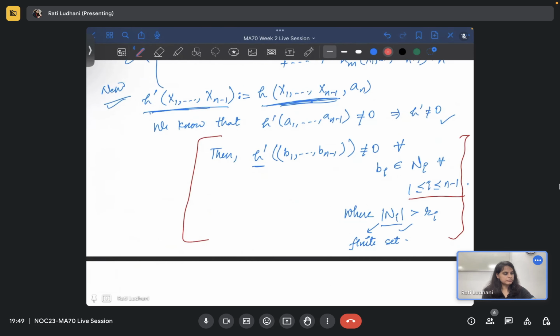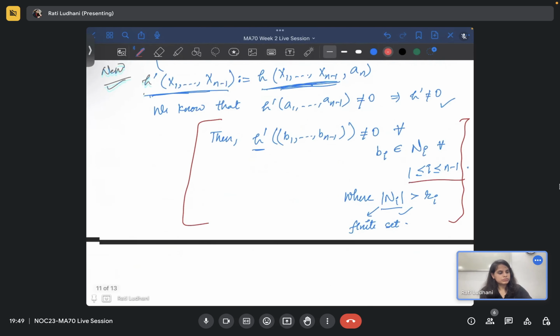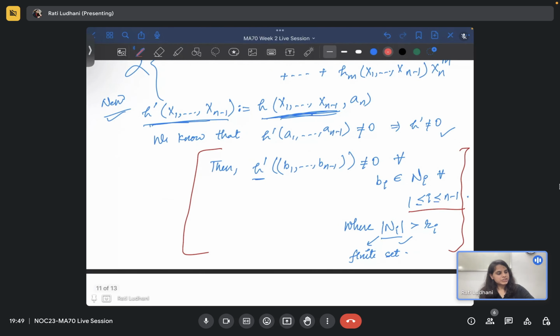So I have used now, I know h(a1 to an minus 1), when I take a1 to an minus 1, this is non-zero. This implies h dash is non-zero. Then I can apply induction hypothesis and say that h dash (b1 to bn minus 1) is non-zero for all bi belonging to some Ni. Now I have produced these Ni, which were not there earlier.